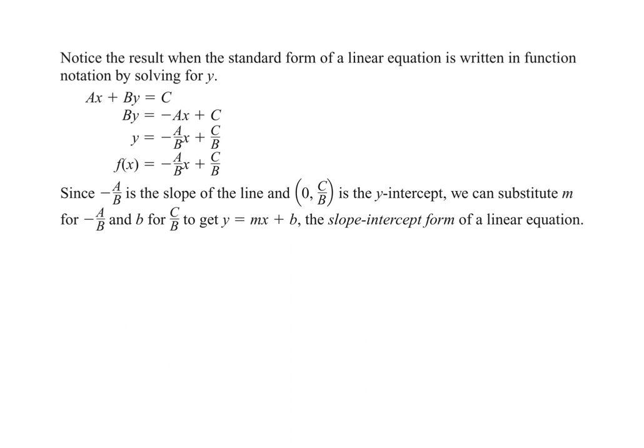Why does this help? Well, your slope is always going to be this guy in front of your x. And so if you have it in standard form, you can go straight to negative a over b. So your slope is always going to be negative a over b. And then your y-intercept we've actually already established from the first one that we did.